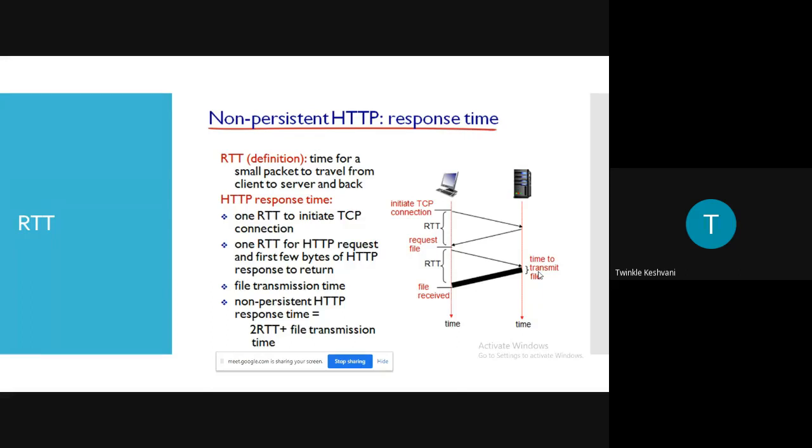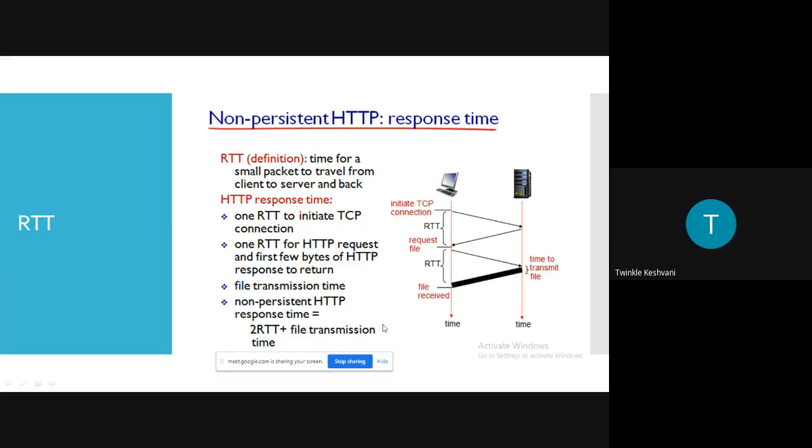So if we consider the non-persistent connection, then one RTT will be required to initiate the TCP connection, and one RTT will be required to request the file from the server. So in total, we require 2 RTT plus the transmission time, right? So for every object, we require 2 RTT plus transmission time.